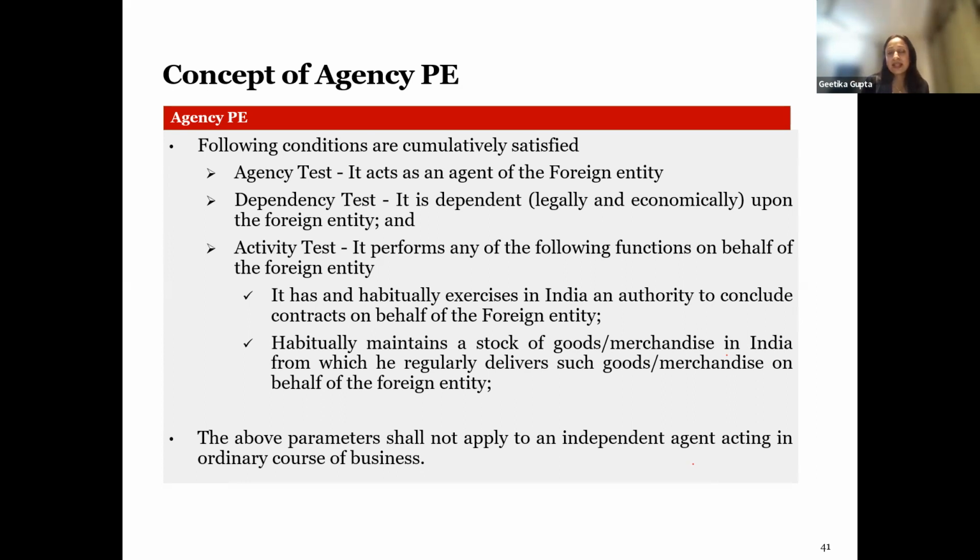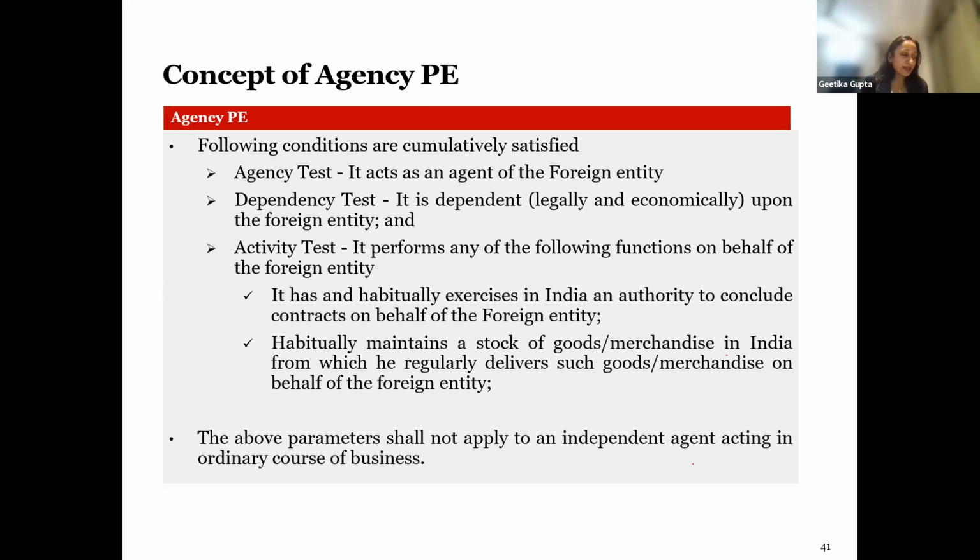That is, the agent is not independent to take actions or do the work the way he wants, but is subject to detailed instructions and controls from the foreign company on how to do the work. If this is the case, it will lead to legal dependence of the Indian agent on the foreign entity.